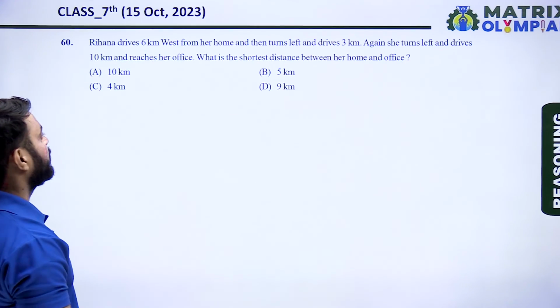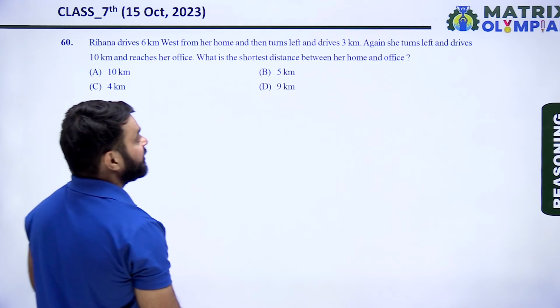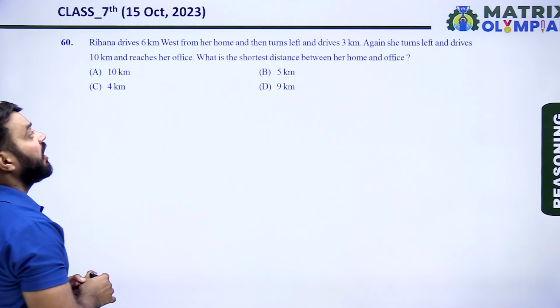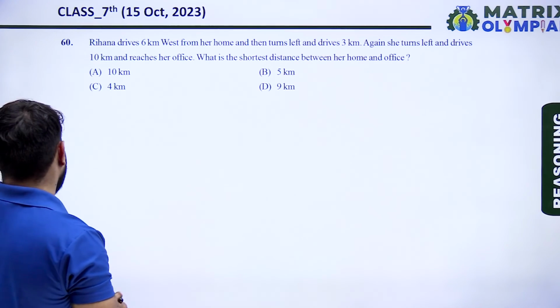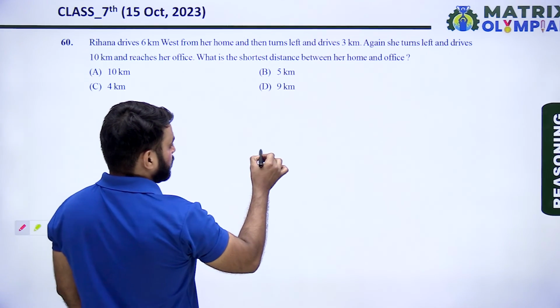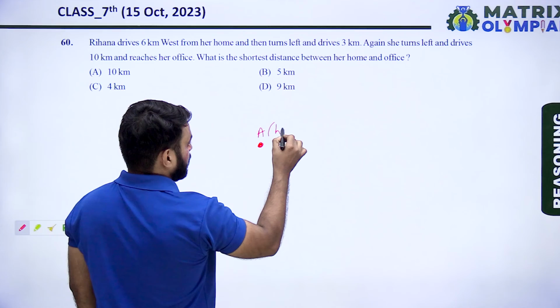Rihanna drives 6 km west from her home and then turns left, drives 3 km. Again, she turns left and drives 10 km and reaches her office. What is the shortest distance between her home and office? So in this question, let's suppose A is the house of Rihanna.